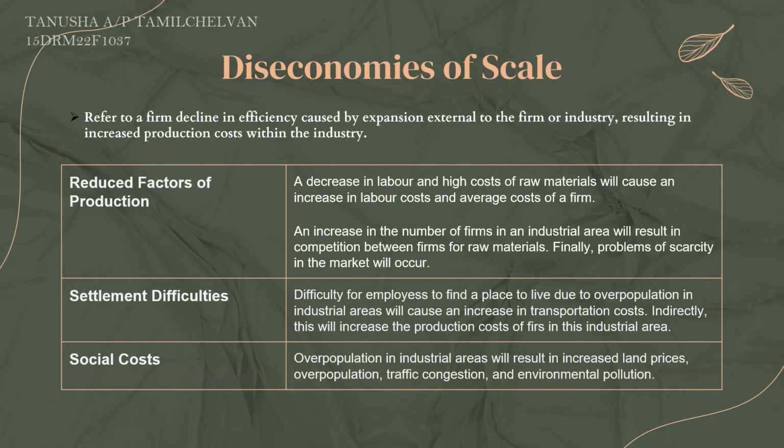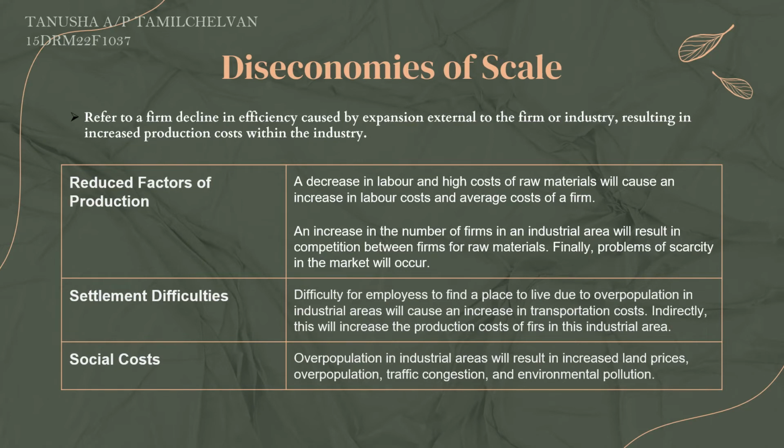Next, external diseconomies of scale refer to a firm's decline in efficiency caused by expansion external to the firm or industry, resulting in increased production costs within the industry. Firstly, reduced factors of production.